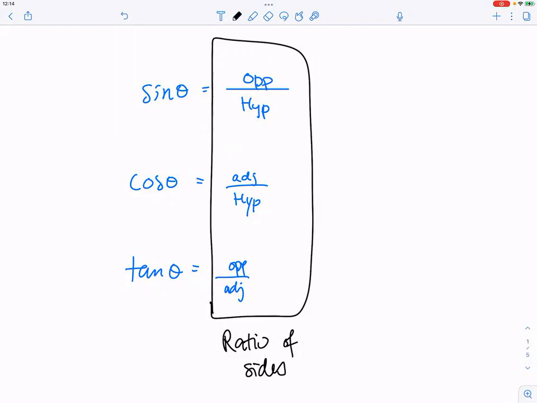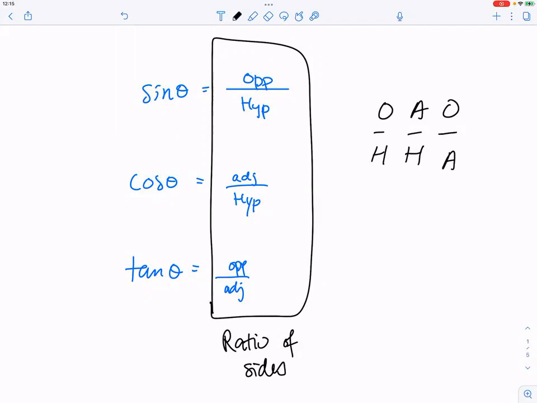It's O-A, O-A, H-H. And I was like, what? And he said, O-A, O-A, H-H. And then he wrote on the board, O-A, O-A, H-H. So if you write it this way, opposite over hypotenuse, sine, adjacent over hypotenuse, cosine, opposite over adjacent, tangent.